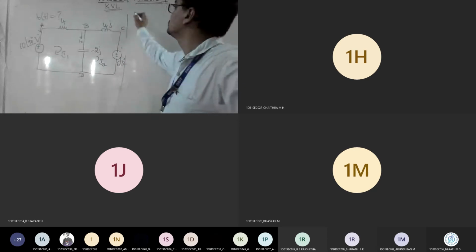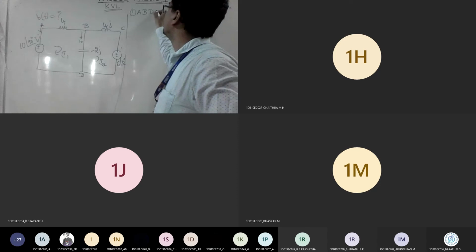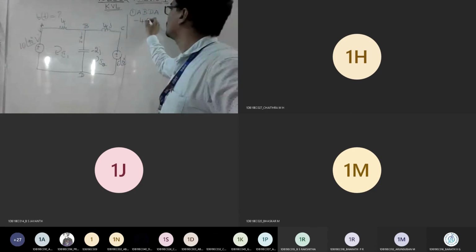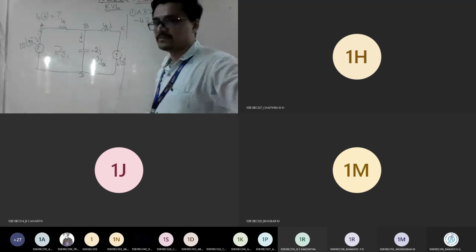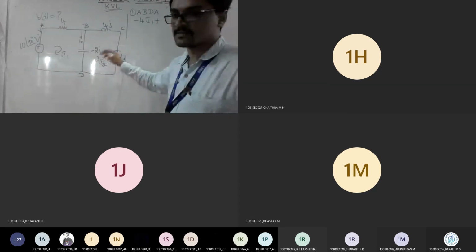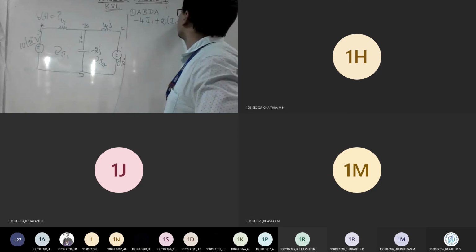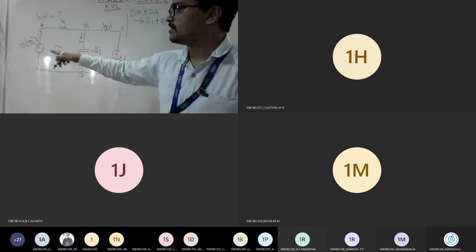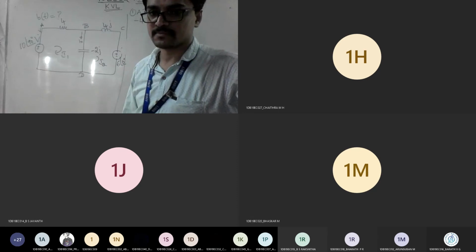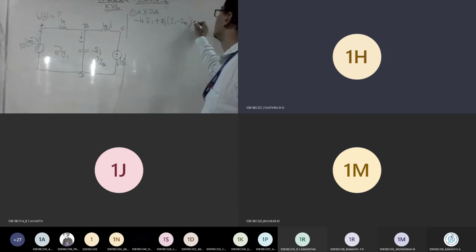So what is mesh 1? A, B, D, A. Write the equation. Minus 4 I1. Then here, minus of minus, straight I will write plus 2J into I1 minus I2. Then minus to plus means plus 10 volt.